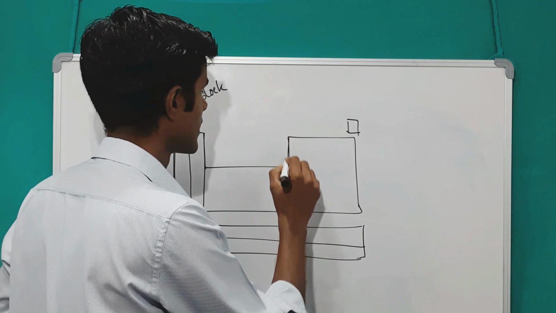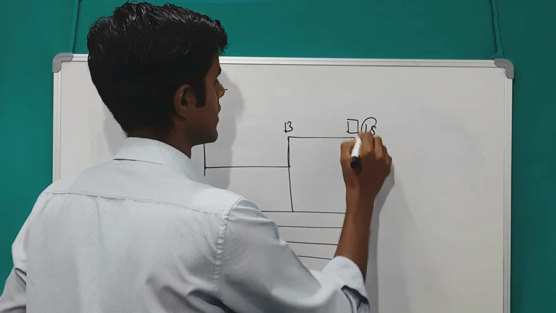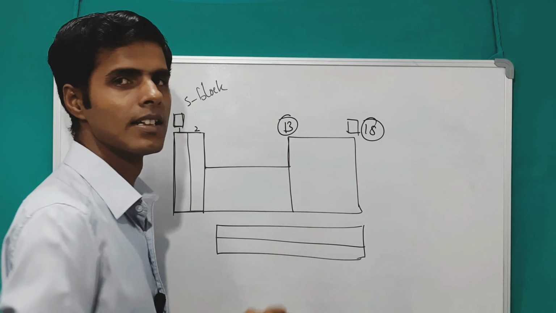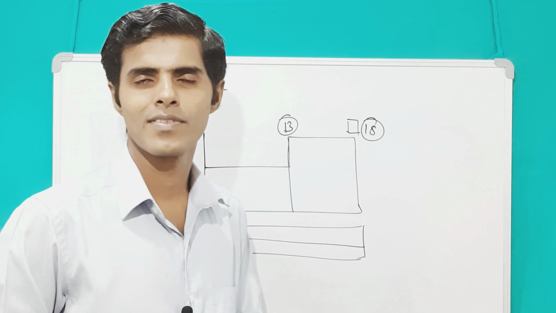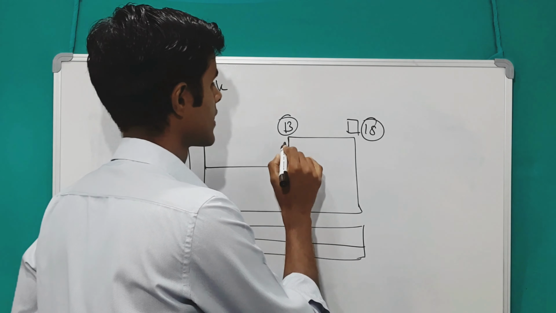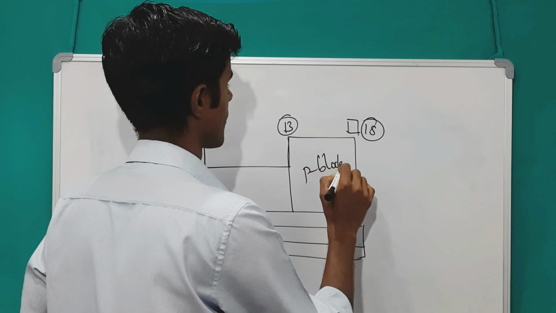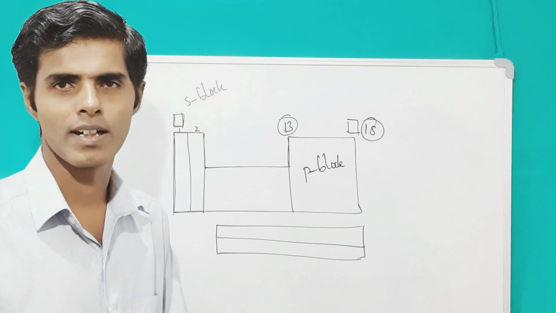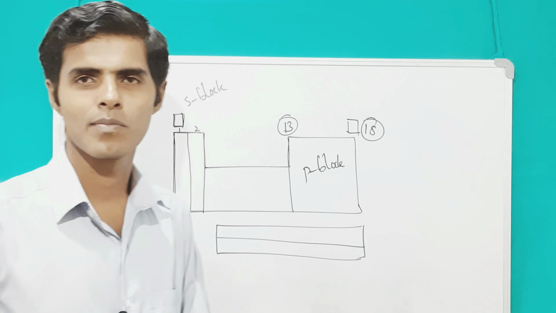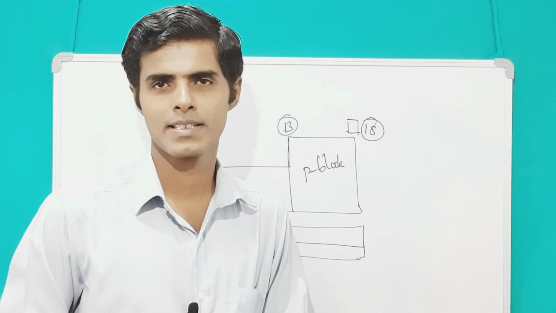And the groups numbered 13, 14, 15, 16, 17 and 18 are termed P block elements, since their outermost electronic configuration ends in the P subshell.